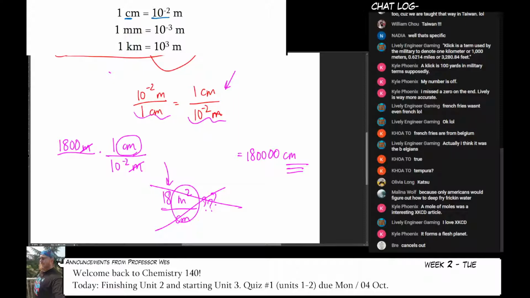Because centimeters are smaller. There should be lots of little units in less bigger units. So we have used these conversions, one of those at least, to figure out how many centimeters are in this number of meters. This is called dimensional analysis.